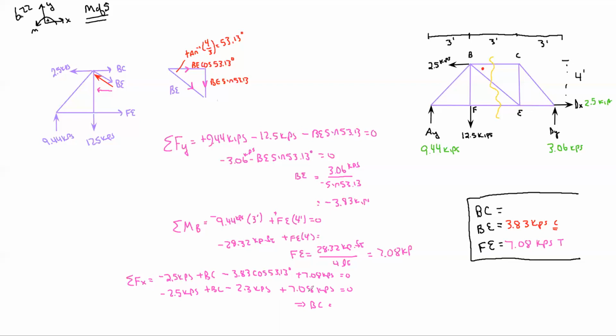Yep, 2.28. So BC is equal to 2.28 kips. And I have it positive, which would be an indication that I have the correct orientation of the reaction. So BC is also in compression.